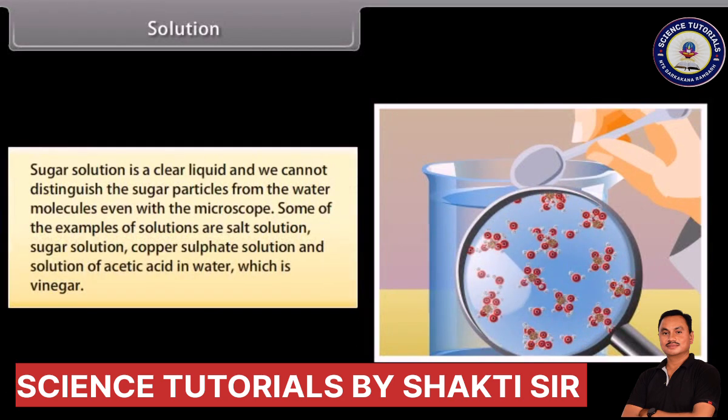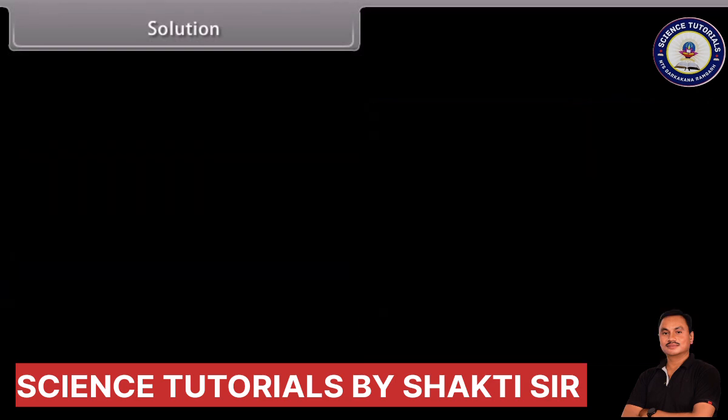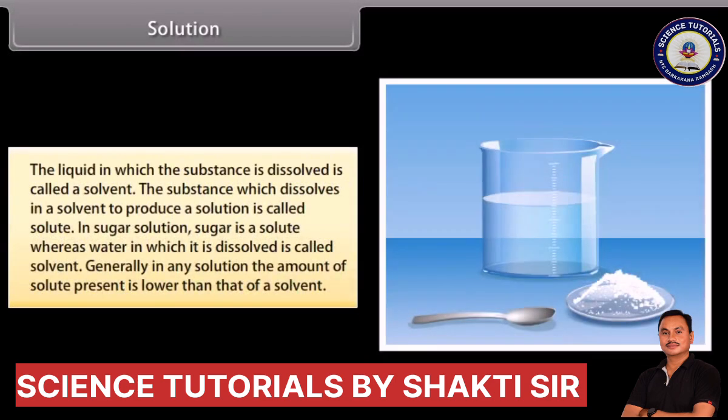Sugar solution is a clear liquid and we cannot distinguish the sugar particles from the water molecules even with the microscope. Some of the examples of solutions are salt solution, sugar solution, copper sulfate solution, and solution of acetic acid in water, which is vinegar. The liquid in which the substance is dissolved is called a solvent.